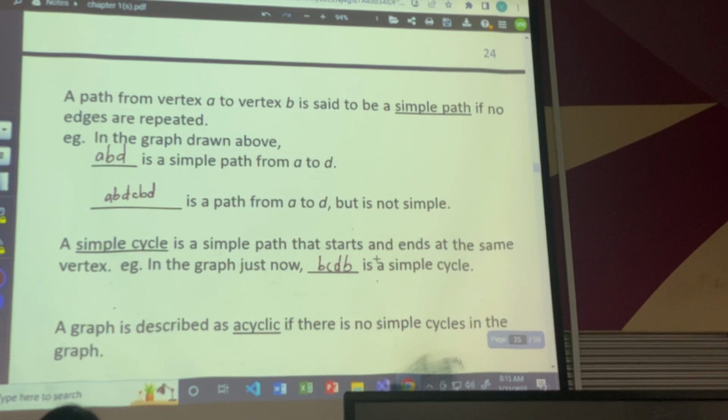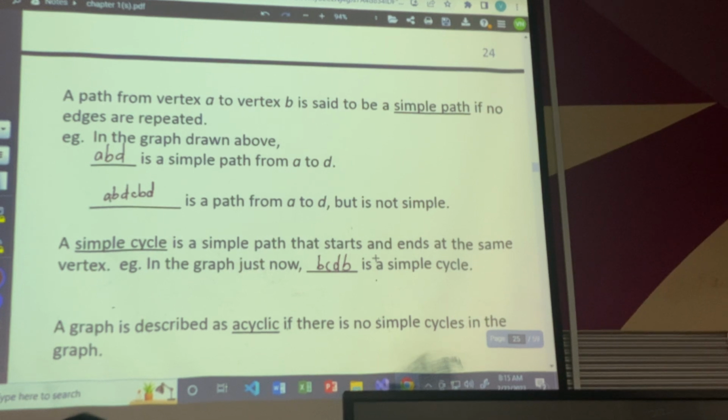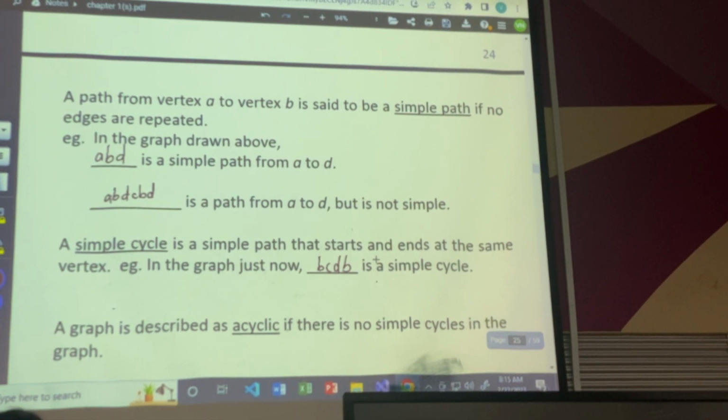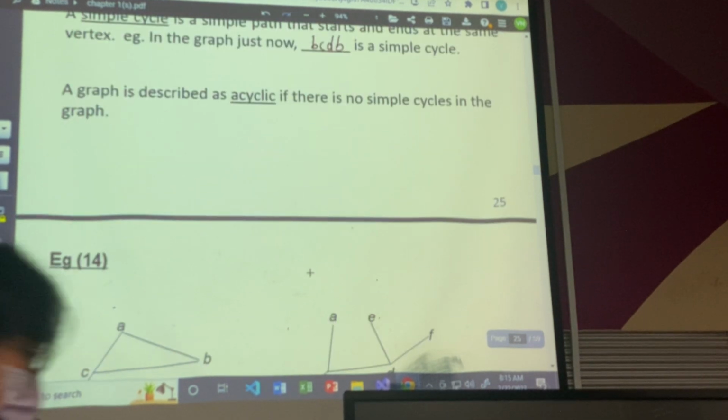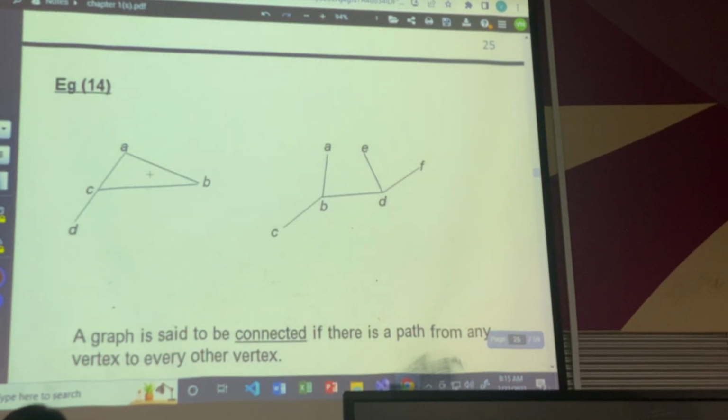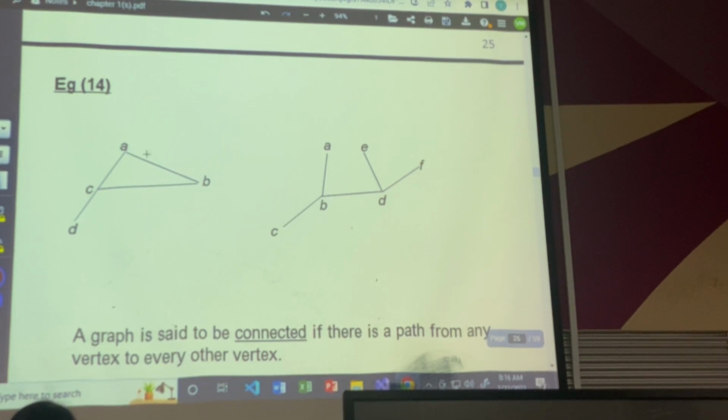Okay. Now the term that we use for this is acyclic. Acyclic means that in our graph we don't have a cycle. Acyclic means no cycle. Okay. So for example, here there is a cycle A, B, C, A, right? So we will say that this is not acyclic.